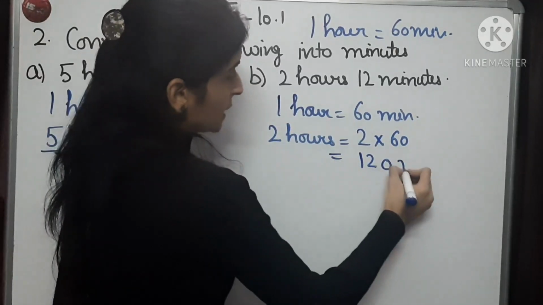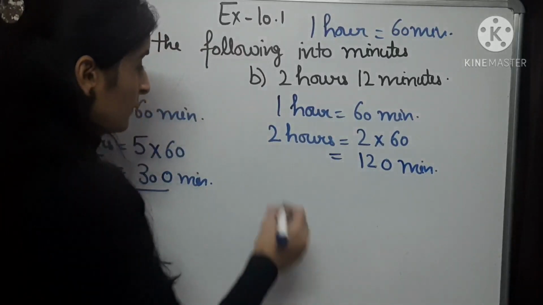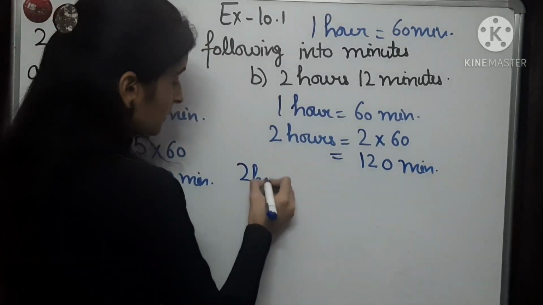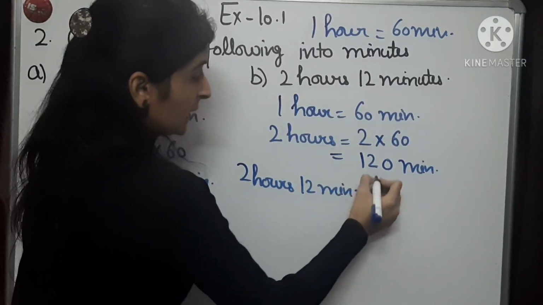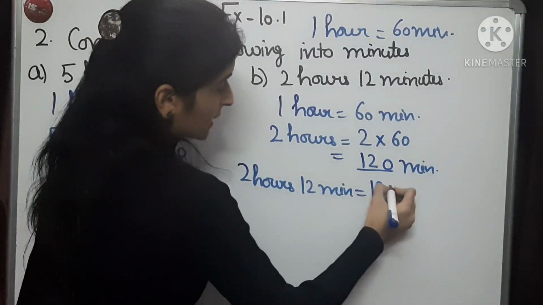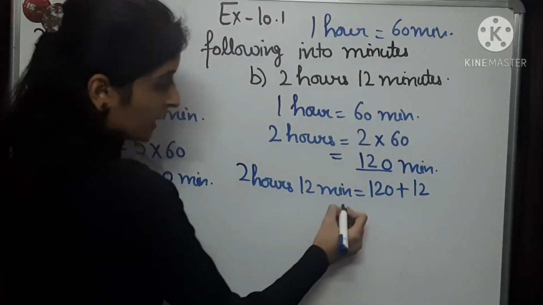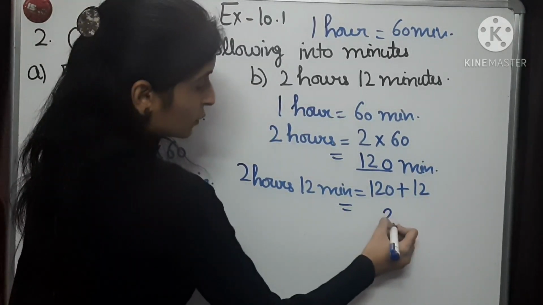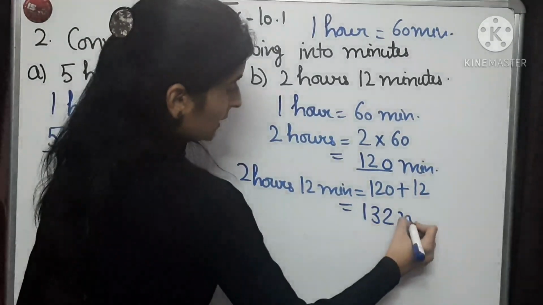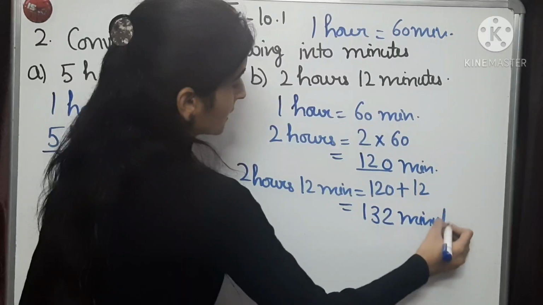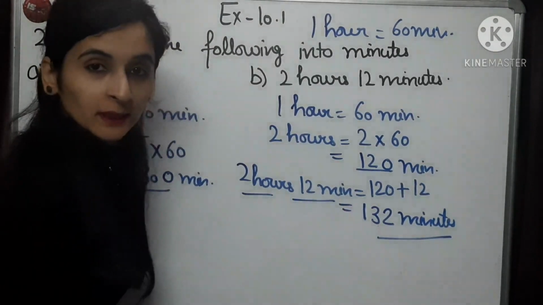So 2 hours is equal to 120 minutes. Now 2 hours 12 minutes will be equal to these 120 minutes plus 12 minutes. Okay. So 0 plus 2 is 2, 2 plus 1 is 3 and 1 will remain as it is. So 132 minutes are there in 2 hours 12 minutes.